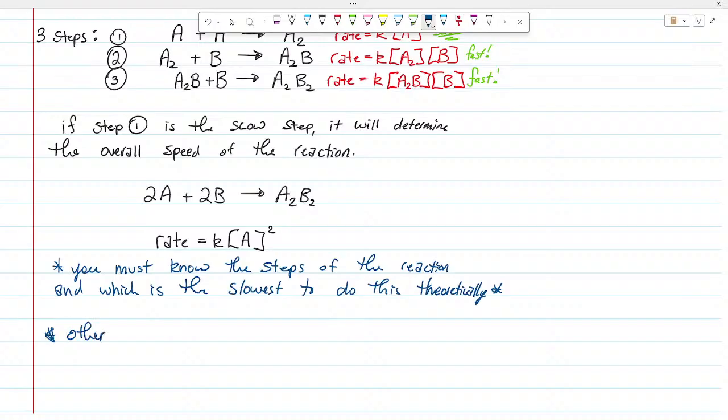Otherwise, we have to do experiments to determine the slowest step.